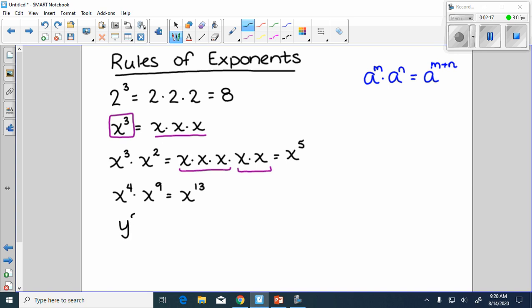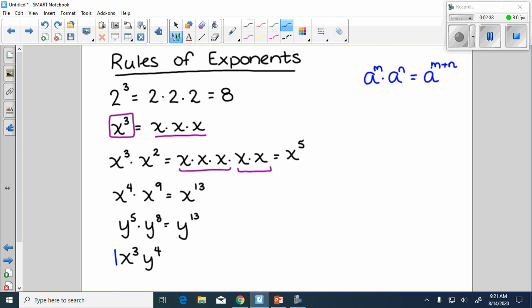If we have y to the 5th times y to the 8th, we can add the 5 and 8 together and also get y to the 13th. If we have x to the 3rd times y to the 4th, then those bases aren't the same.